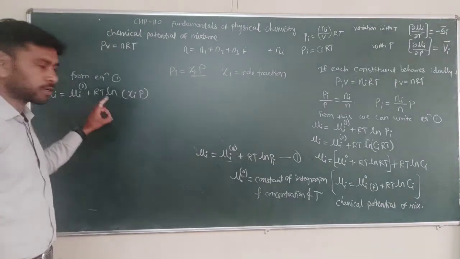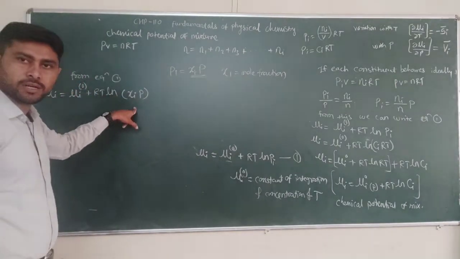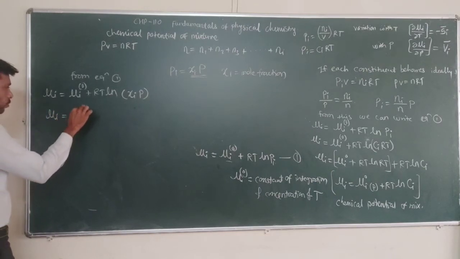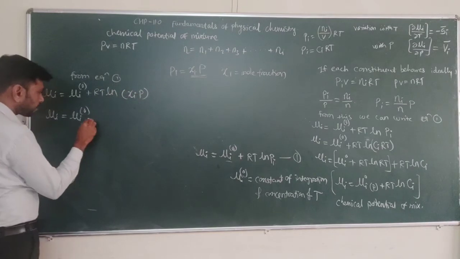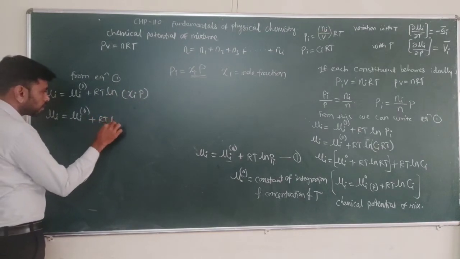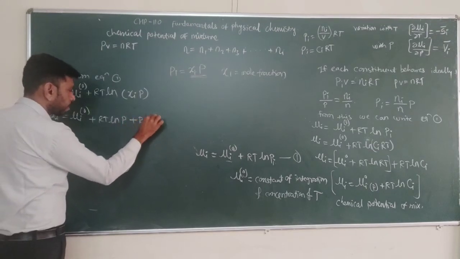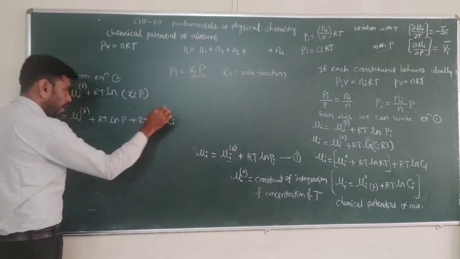Now if we separate these variables, we can write mu i equal to mu i 0 plus RT ln P plus RT ln Xi.